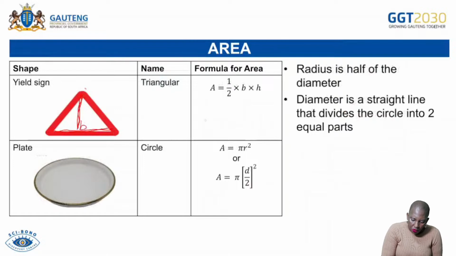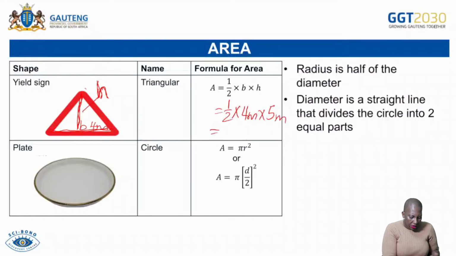So meaning, the formula will be half multiplied by the base, and here it will be my height. The height, how high is my triangle? So we'll say it is half, say maybe our base is 4 meters. So it will be half multiplied by 4 meters multiplied by the height. How high is this? The height, say maybe it's 5 meters.